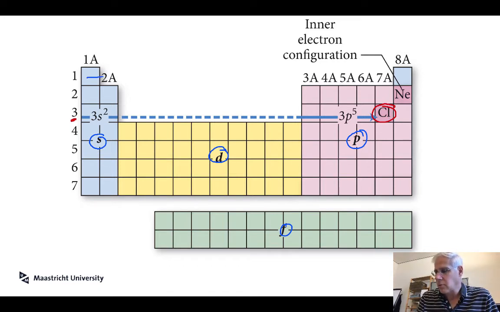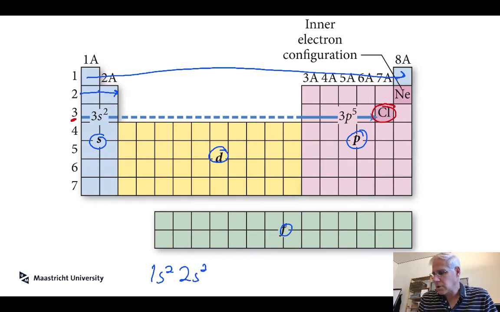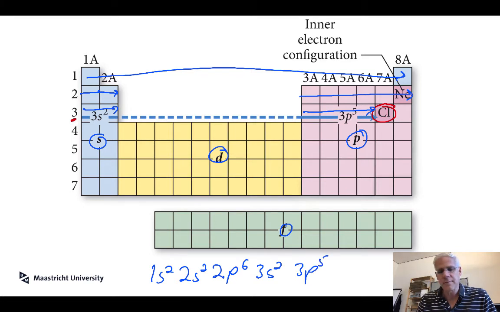We're going to go 1s2, 2s2. I just keep doing this until I get to my element. 2p6, 3s2, 3p5. And so that's how I get my electron configuration for chlorine.